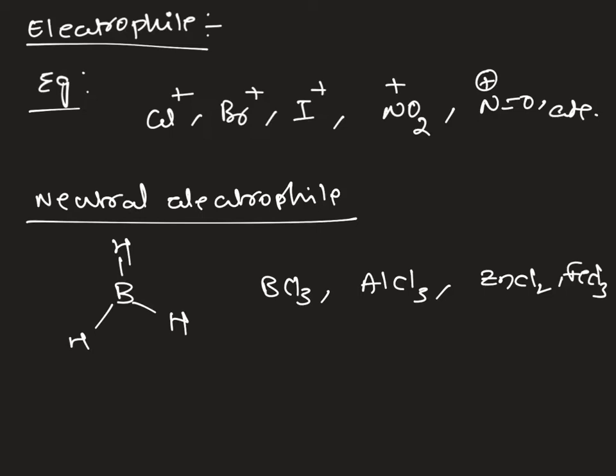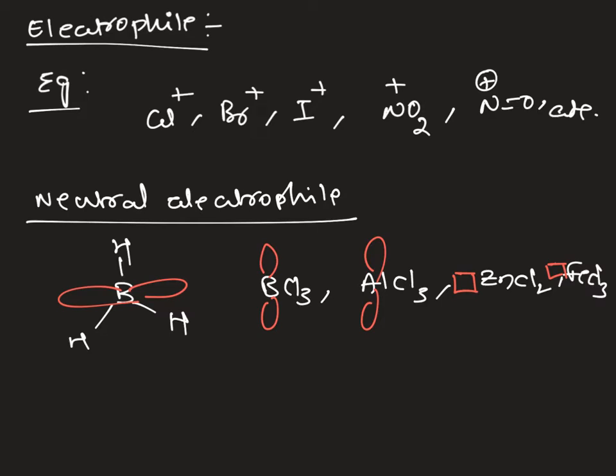In the boron case there is an empty p orbital, in the aluminum case an empty p orbital, and in the zinc case an empty d orbital, in the iron case empty d orbitals are present.